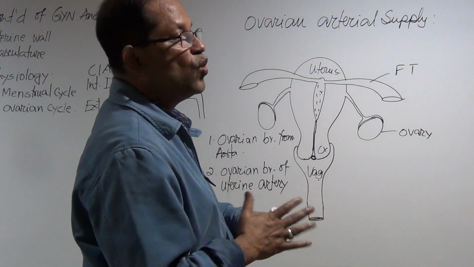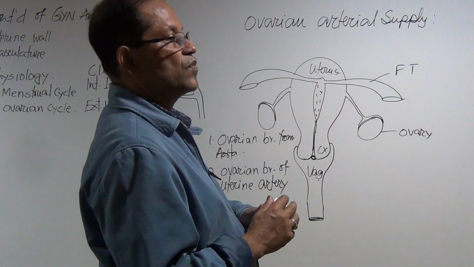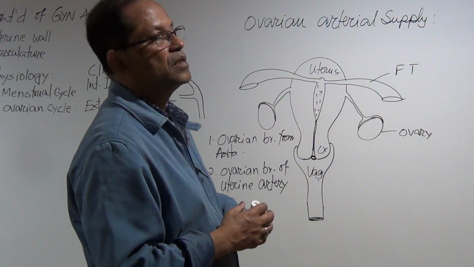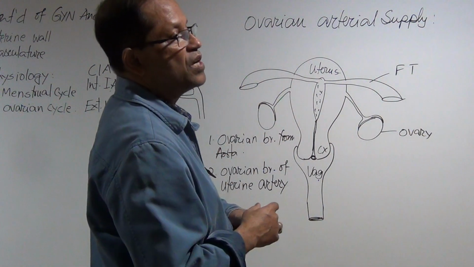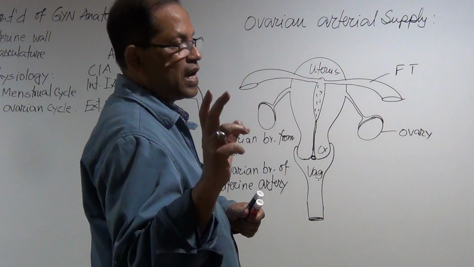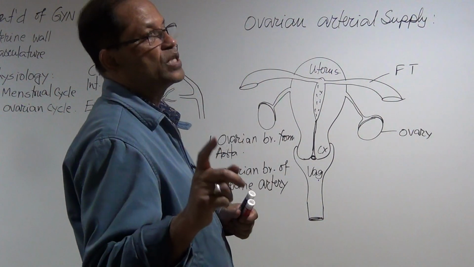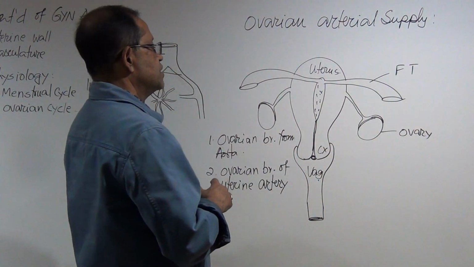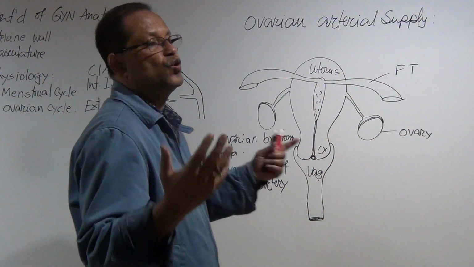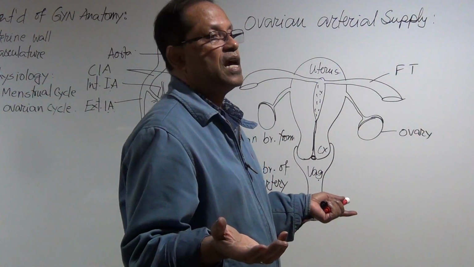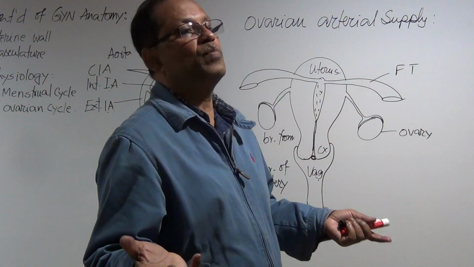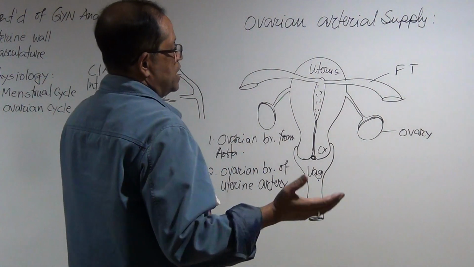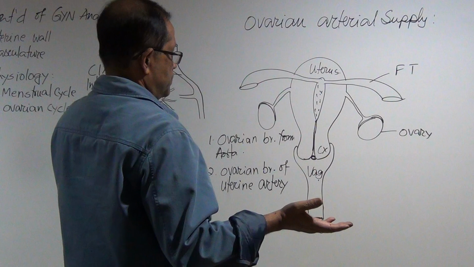As we know, the ovary is a gonad. It has endocrine functions, and every endocrine gland in our body has more than one arterial supply and venous drainage, because the hormone, from a ductless gland, needs to go to the blood directly by diffusion. That's why vascularity needs to be ensured.